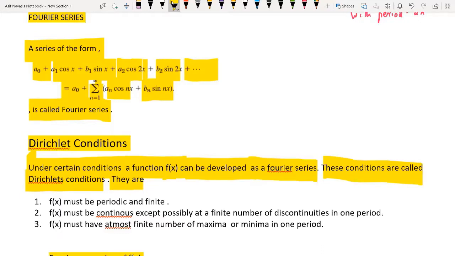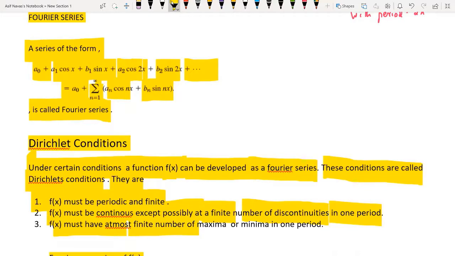They are, first, f(x) must be periodic and finite. That is the first condition. Second, f(x) must be continuous except possibly at a finite number of discontinuities in one period. Third, f(x) must have at most a finite number of maxima or minima in one period.